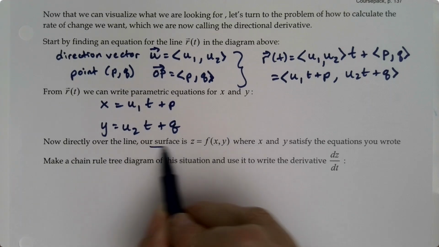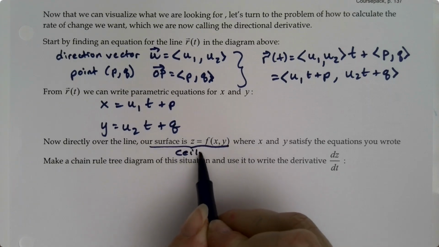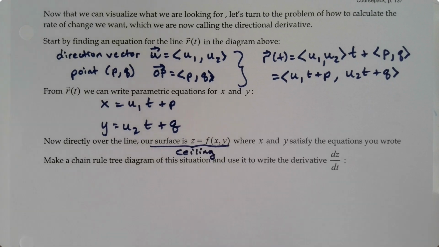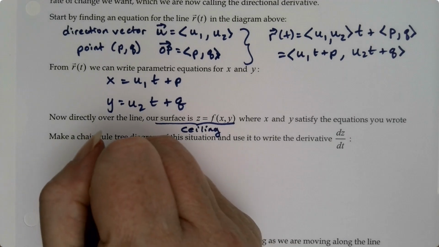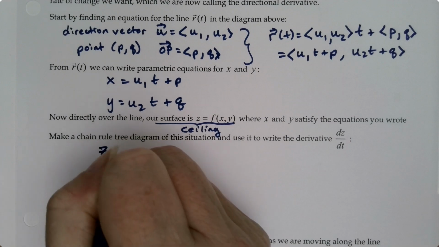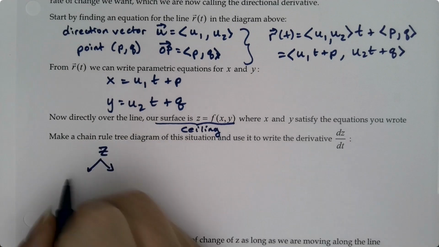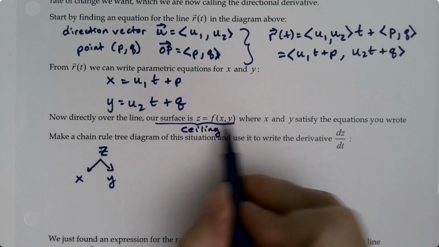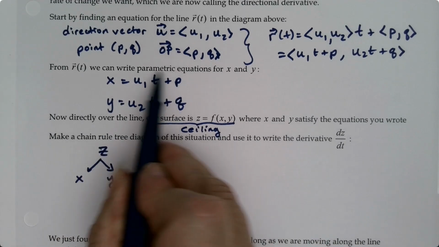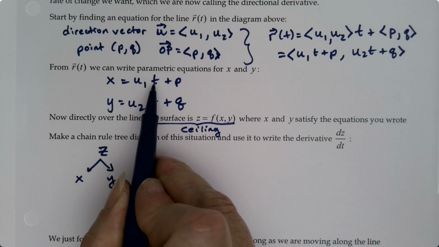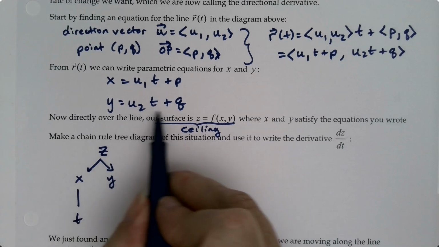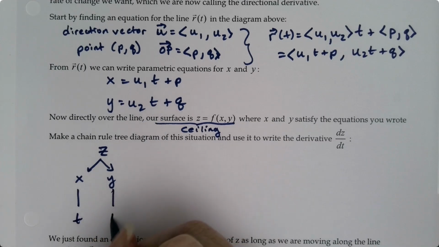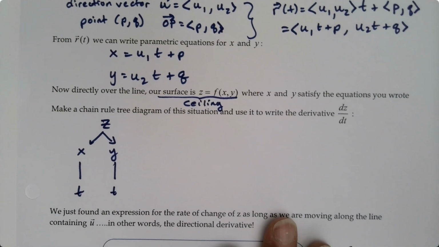So this surface is our ceiling, where x and y satisfy the equations we wrote. So we want to make a chain rule tree diagram of that situation. So let's think. We have z. Z was broken out into x and y, x and y. But when I look at x, x is defined only with variable t, and y is defined only with variable t. So it's a pretty easy chain rule diagram, all things considered.